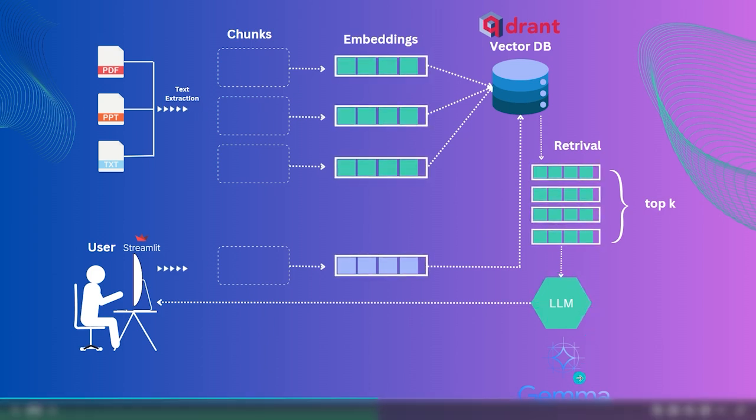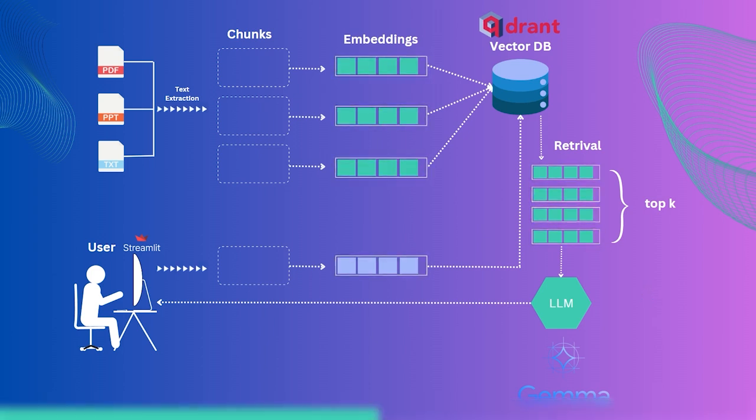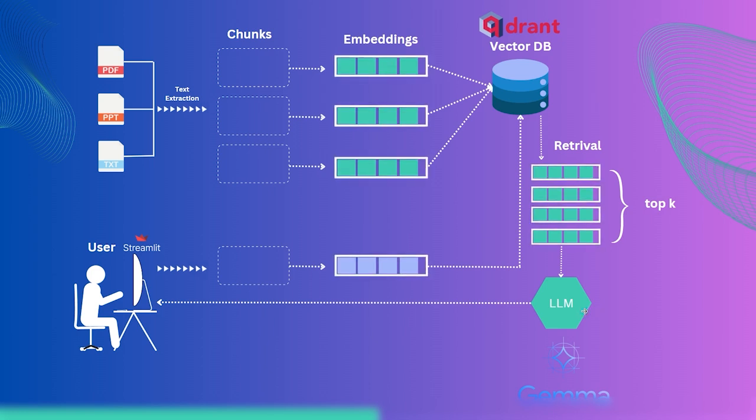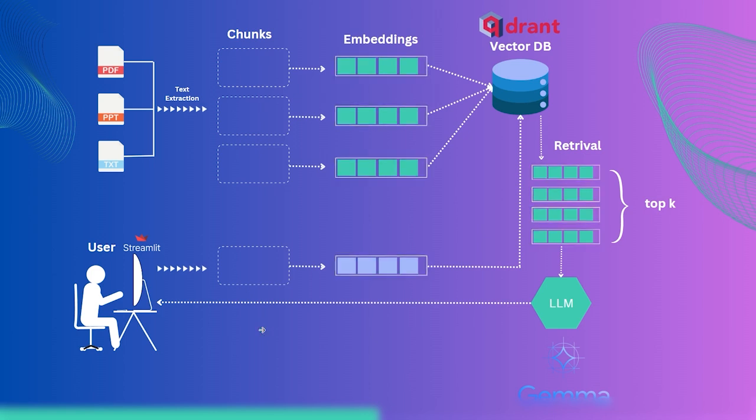In this case, we have the Gemma 2 billion LLM, and that LLM takes care of the synthesis of all the retrieved chunks, and we get the answer. Okay, so this is how the whole pipeline works in this use case.